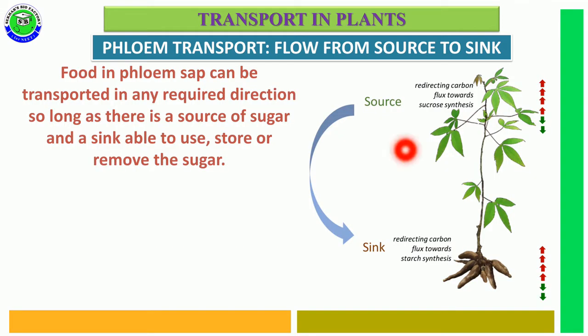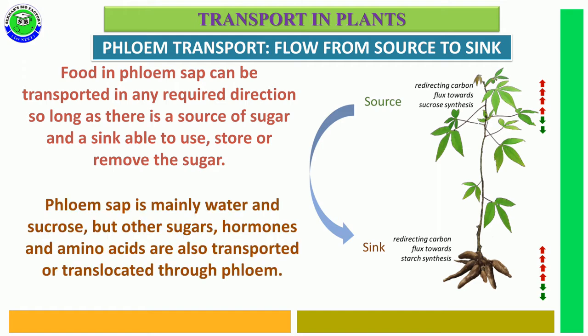The food materials in phloem sap can be transported in any required direction so long as there is a source of sugars and a sink able to use, store or remove sugars. Because the source continuously synthesizes food material, and the sink can utilize or remove sugars, the transport of organic food materials through phloem tissue takes place bidirectionally.